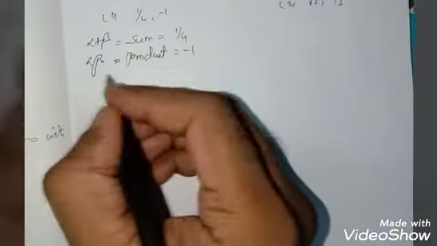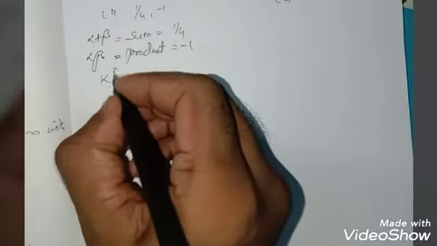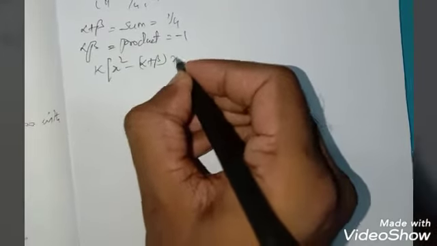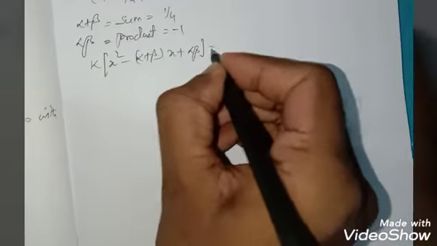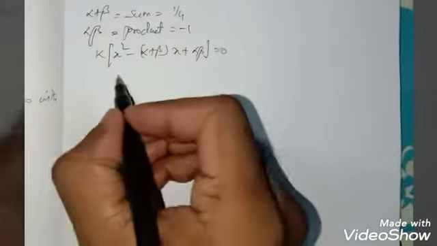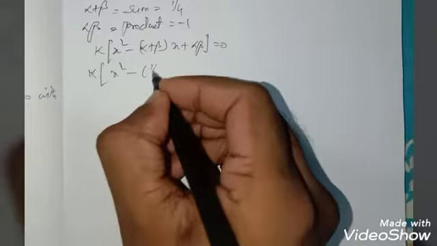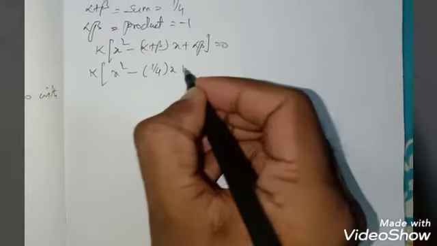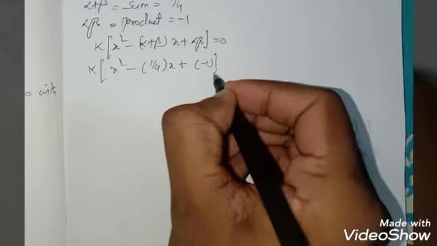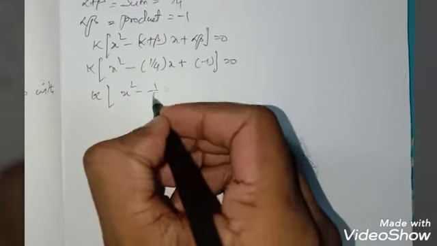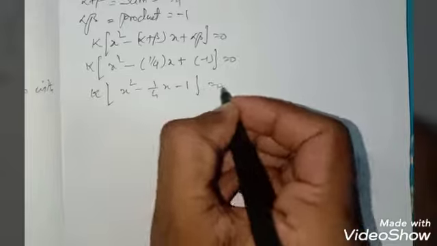Now as per the standard form of the quadratic equation, you will have k into x square minus alpha plus beta into x plus alpha beta is equal to 0. Now k into x square minus, alpha plus beta is given as 1 by 4, into x plus alpha beta, which is minus 1, equal to 0. So k into x square minus 1 by 4 x minus 1 equal to 0.